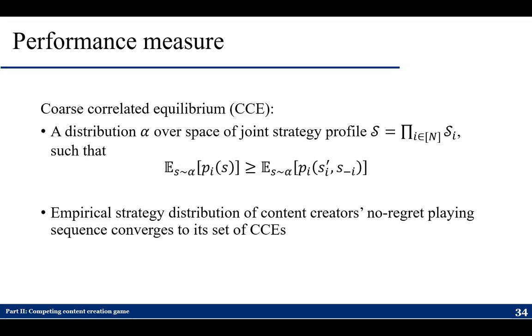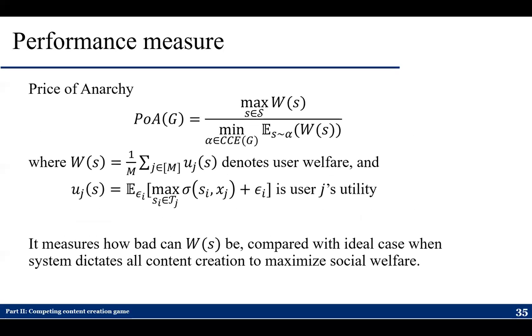If the content creators are doing that, then the empirical strategy distribution, basically the empirical distribution of their contents, will converge to this so-called CCE, coarse correlated equilibrium, and then we will study whether this converged CCE is good in terms of social welfare. And we measure whether social welfare is good or not using the concept of price of anarchy. So this is a quite intuitive concept.